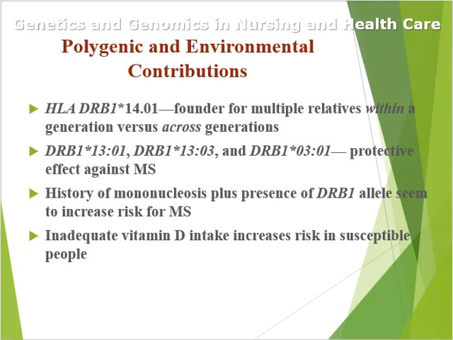So individuals with a history of mono plus the presence of the DRB1 allele seem to have an increased risk for acquiring or manifesting multiple sclerosis, or triggering that onset. And inadequate vitamin D intake seems to increase the risk in susceptible people as well.